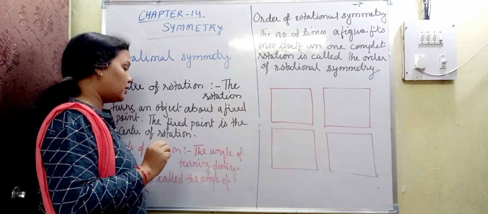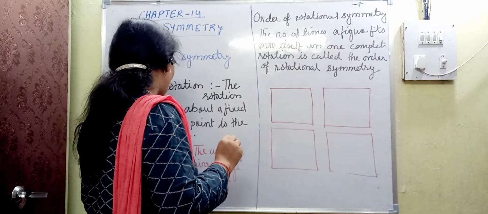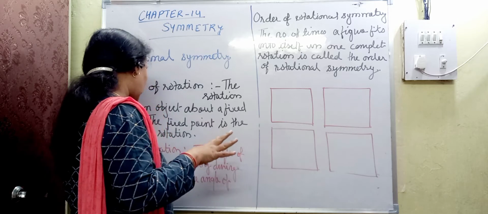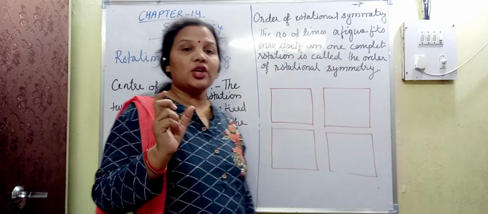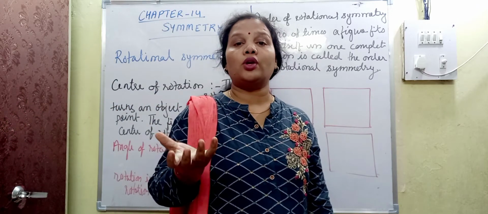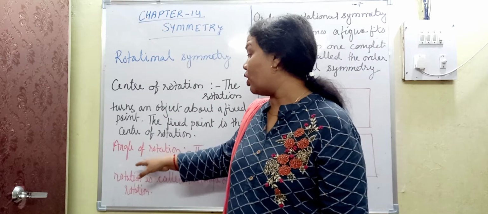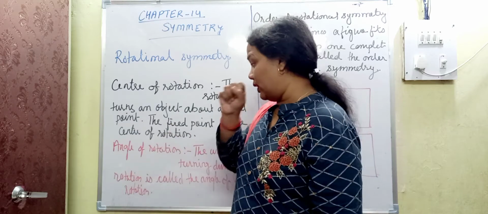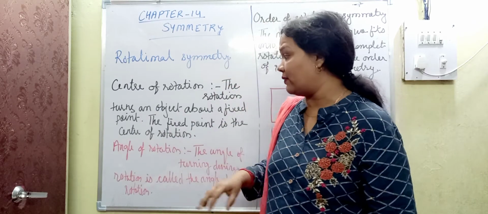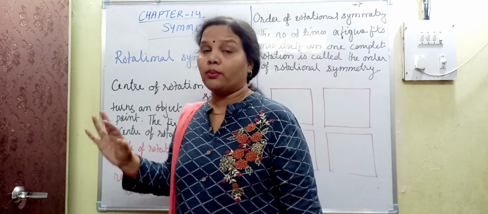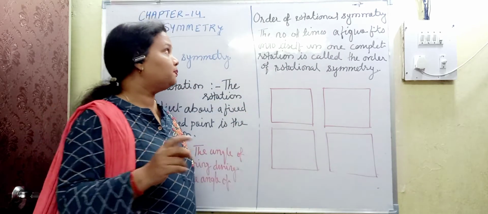Now, angle of rotation. The angle of turning during rotation is called the angle of rotation. So how much angle it will take to again give you the same kind of figure is known as the angle of rotation. There is a relationship between angle of rotation and the number of times it moves, which I'll tell you.